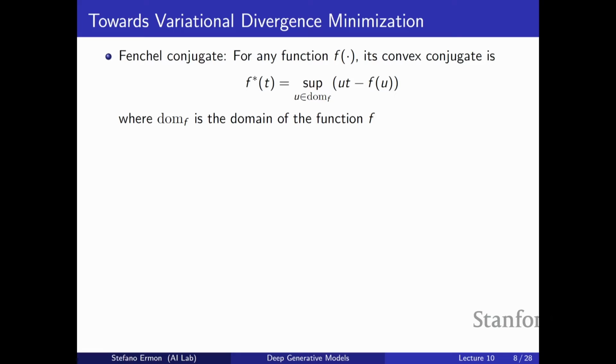If you have a function f, you can obtain another function f star, called the convex conjugate of f, using the following expression. f star is a function of t, and the value of f star at t is the solution to this optimization problem, where you're taking the supremum over all the u's in the domain of f of a relatively simple objective, which is ut minus f of u.